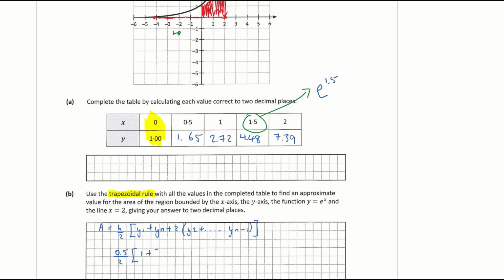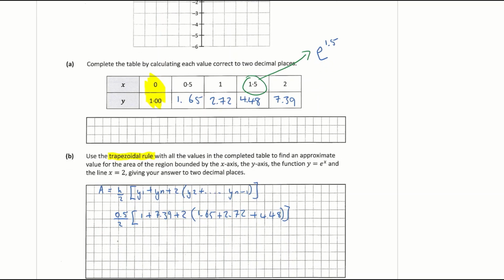So filling that in, I have 0.5 over 2, y1 would be 1, plus my last height, which would be 7.39, plus 2 times all of the other heights. So 1.65 plus 2.72 plus 4.48. That's my second last height. When I type that into my calculator, I get 0.25 times 8.39 plus, and then I'll do this part on my calculator, 2 multiplied by all of this bracket, which is 17.7.